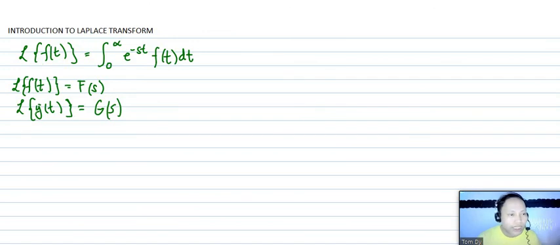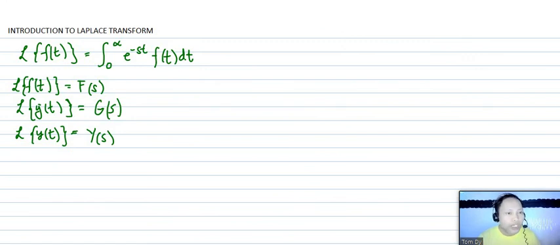Also, when we write our Laplace transform of y of t, we have our bracket that is equivalent to capital letter Y of s. Okay, so this is how we write our Laplace transform of any function.